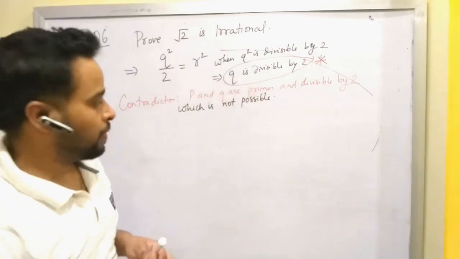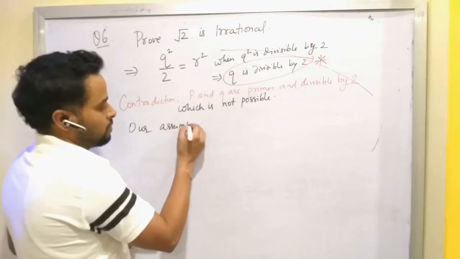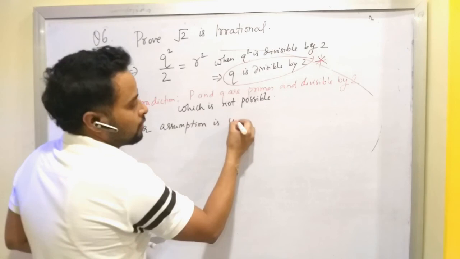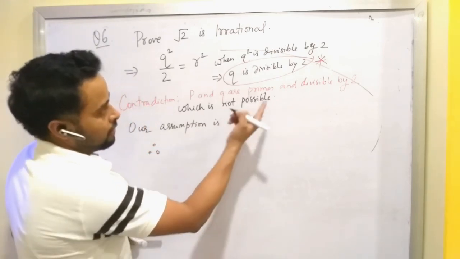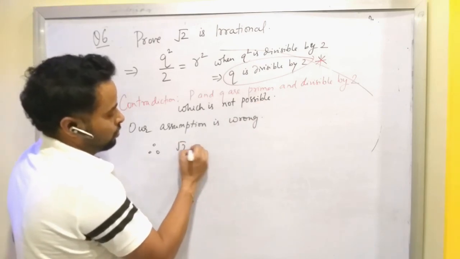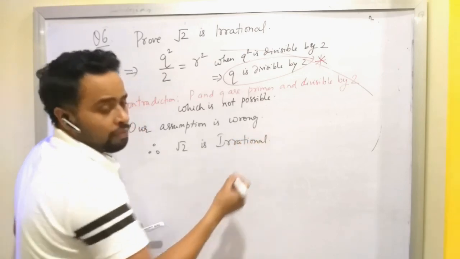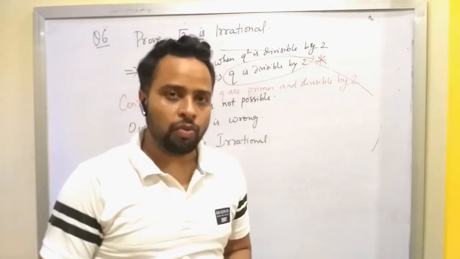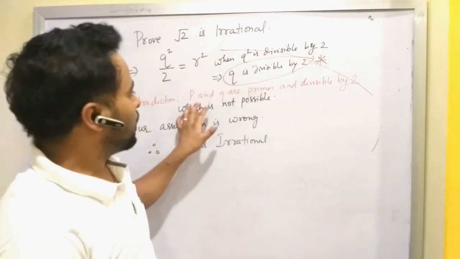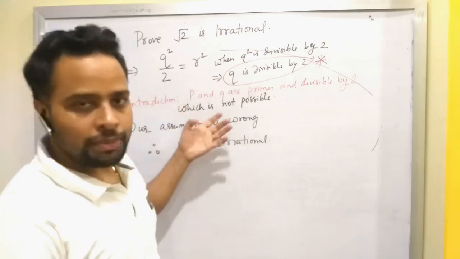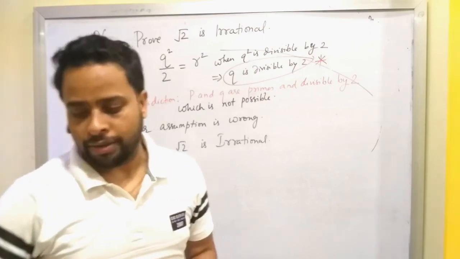So what is possible? Our assumption is wrong. Therefore, root 2 is irrational, because we have proved our assumption wrong. That is why we are saying that root 2 is irrational.